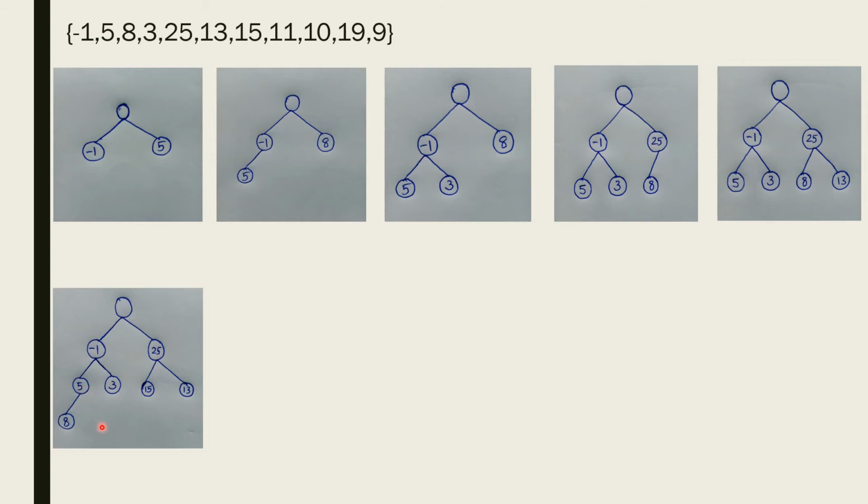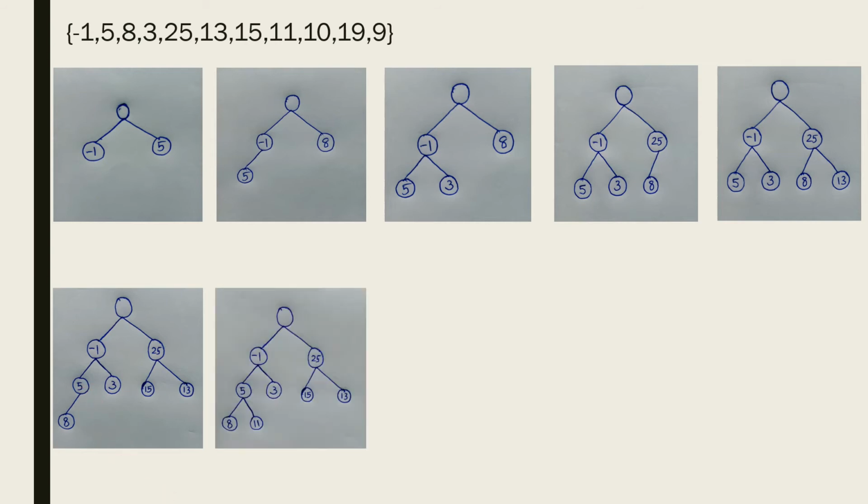So 11's corresponding element will be the corresponding element of its parent, that is 15. So it's okay. 11 is less than or equal to 15. So no min heap property is violated and no correspondence property is violated. So we can add 11 over here. Yeah. So we added 11 over there.